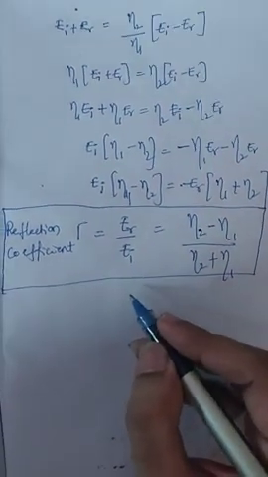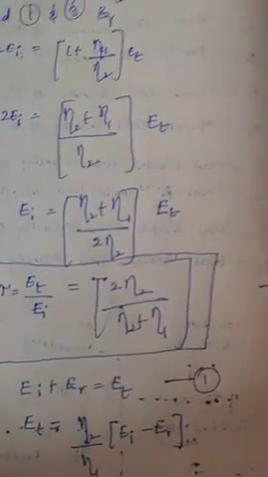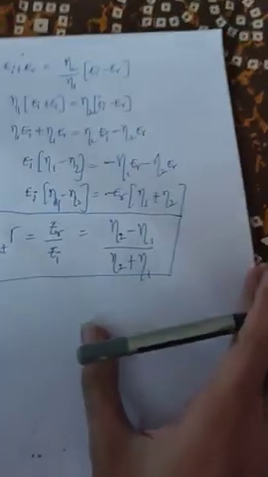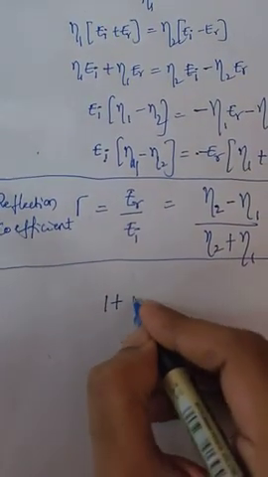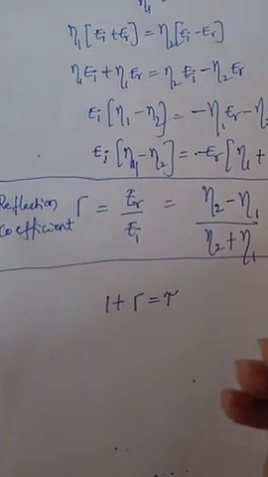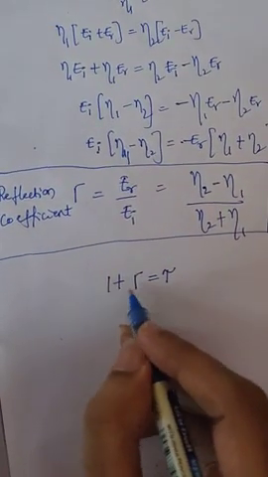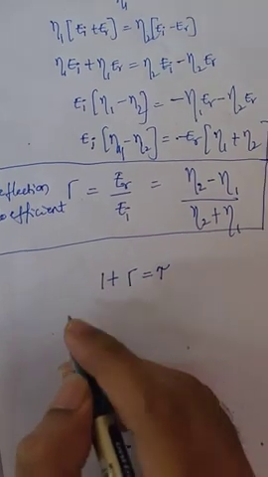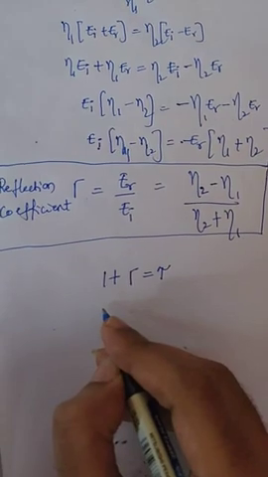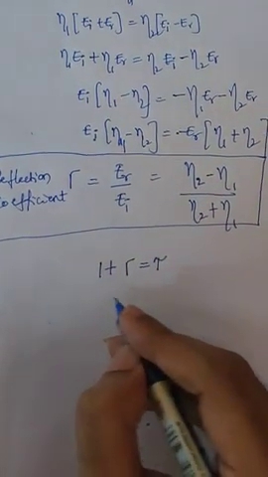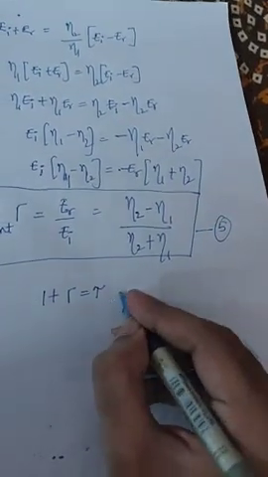By using these two equations, the transmission coefficient equation and the reflection coefficient equation, we can say 1 plus gamma is equal to tau. So this is another equation, the fifth equation, and this is the sixth equation.